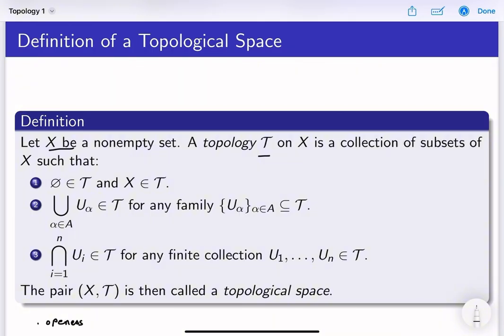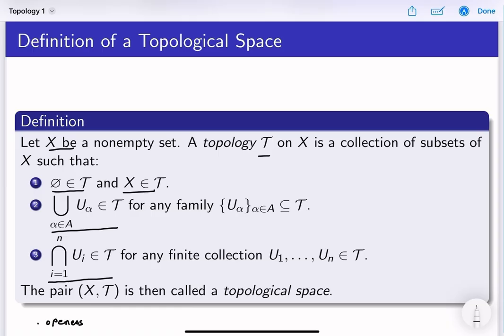So these basic properties, we need this collection of subsets, or this collection of sets that all fall in X, to satisfy. And we need in addition that the empty set and X be in T. So we need the empty set to be in T, X to be in T. We need an arbitrary union of sets in T to still be in T. And we need a finite intersection of sets in T to still be in T. And this is going to be our definition of openness.